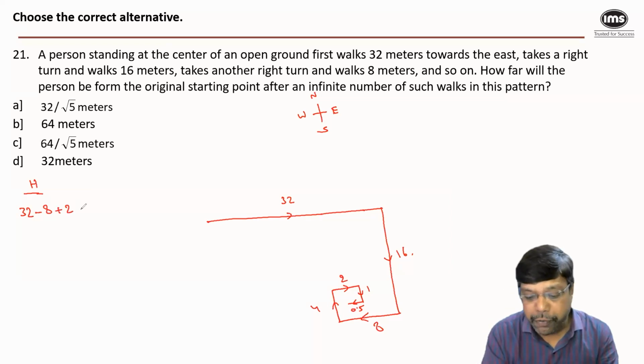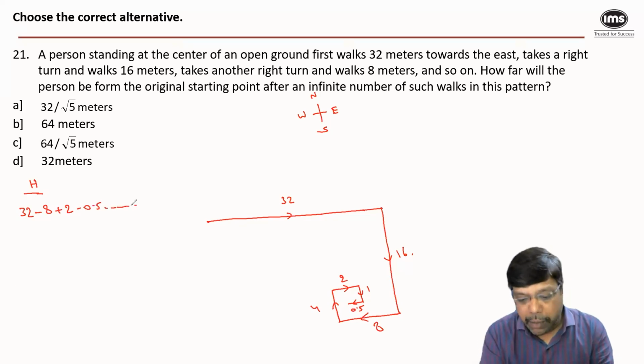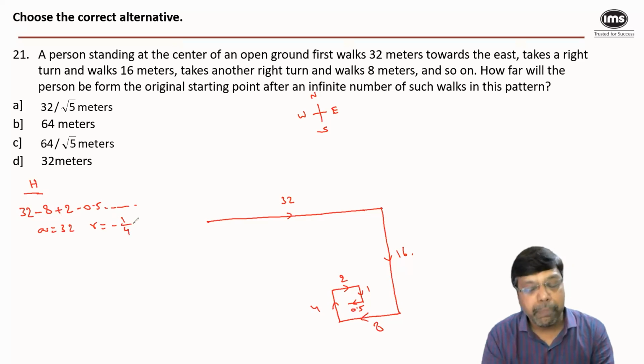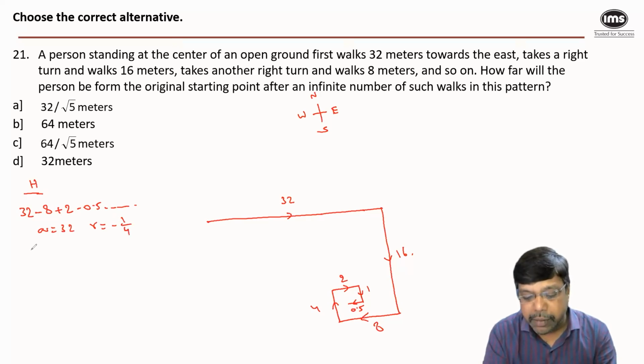Again, 0.5 in reverse direction, and so on. Now, if you observe, this is a GP with the first term as 32 and the common ratio as -1/4. So sum to infinite terms is equal to a by 1 minus r, which is equal to 32 by 1 minus of -1/4.